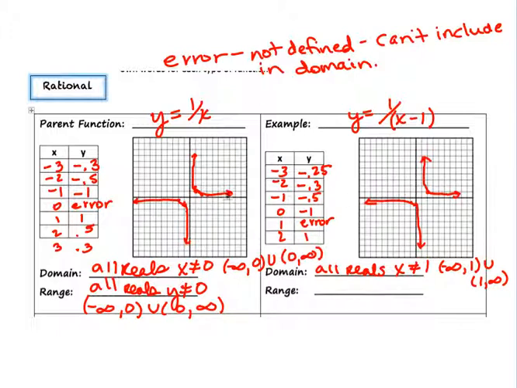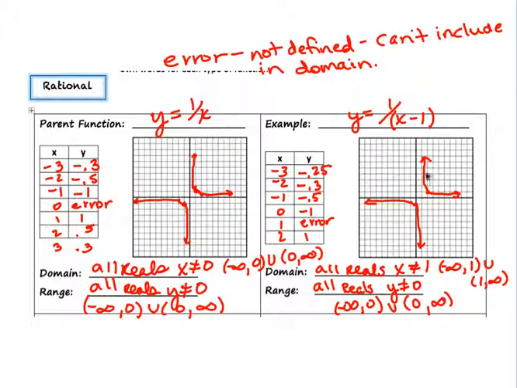The only difference is, do you see how now this graph will not go over this line, the x value of 1? And it's the same thing, it will not go over the x-axis either. So for the range, you're going to again say that it's all reals, except y can't be equal to 0. And again, that's the same thing as saying -infinity to 0 in union with 0 to positive infinity.